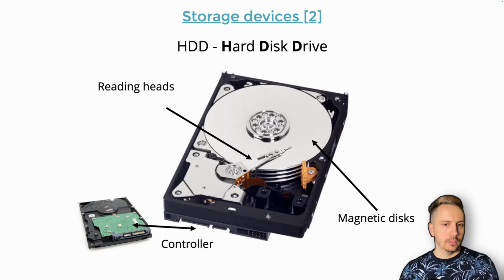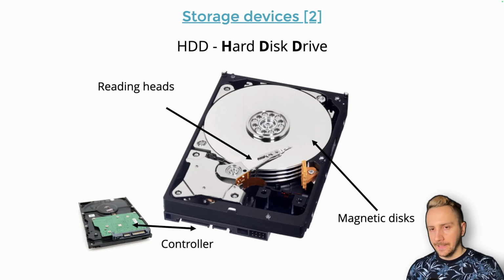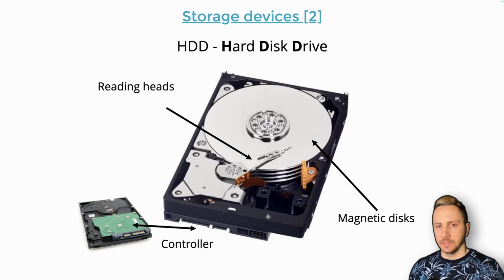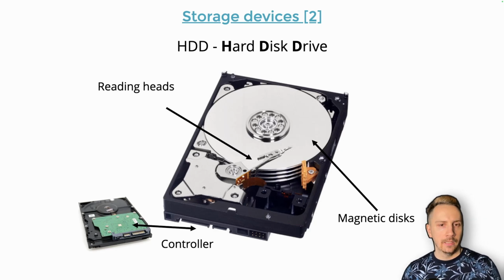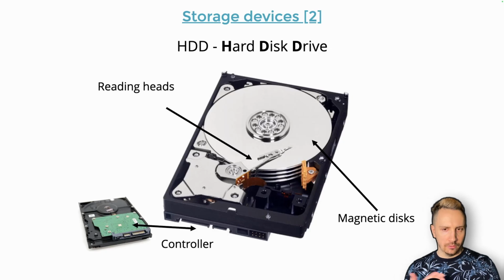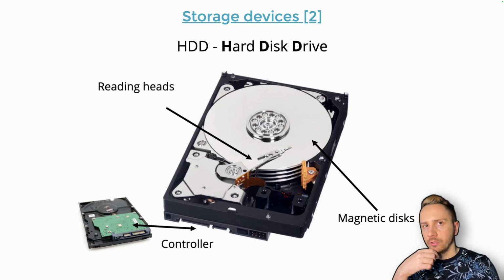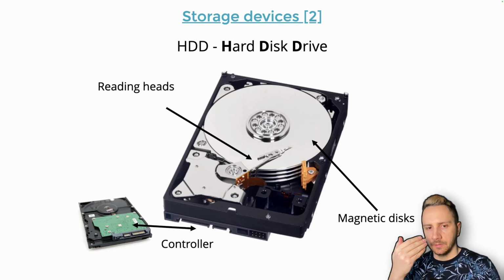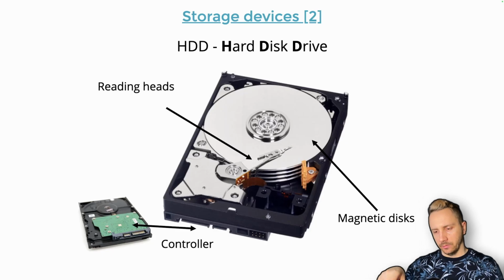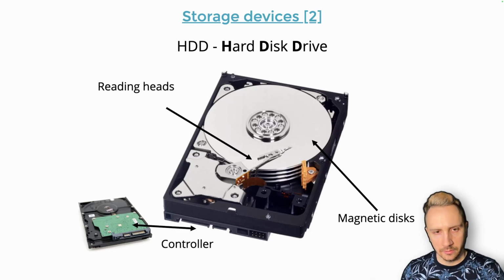In clouds, you can quite often choose what you want to have, HDD or SSD, or they sometimes call it hot storage and cold storage. And they have different pricing, different characteristics, different speed of reading and writing. And depending on your task, you ideally should be able to choose which one is more appropriate for your specific case. So I hope the material I will show you next is going to be helpful.